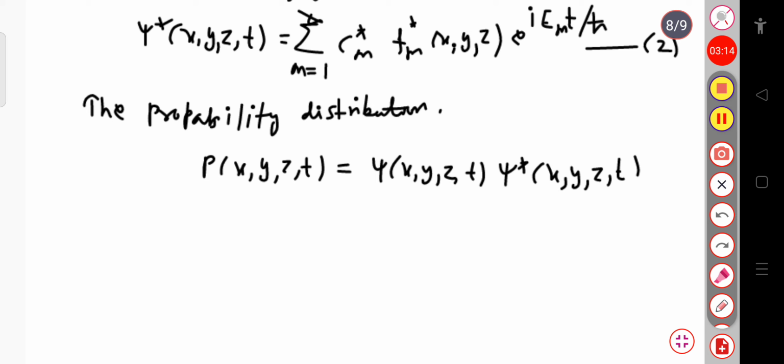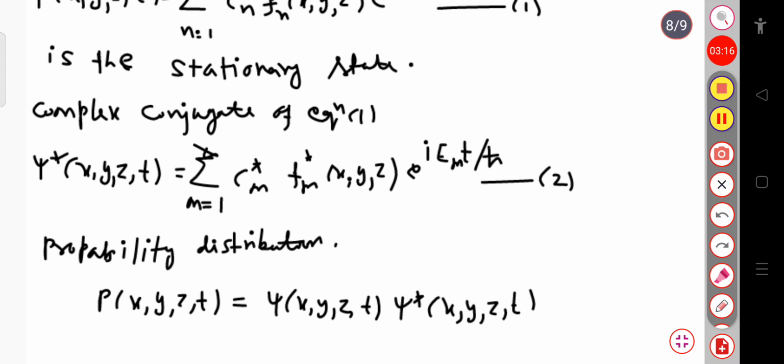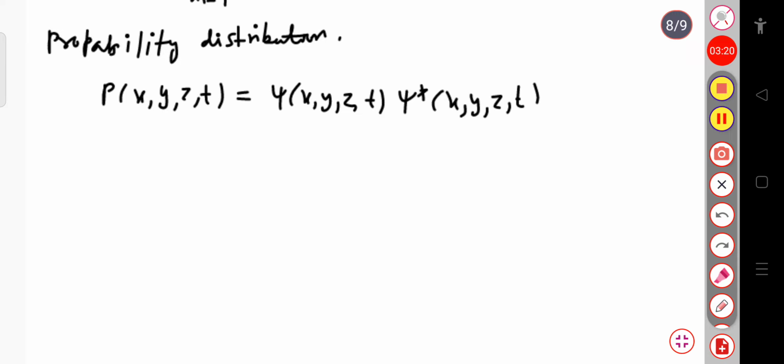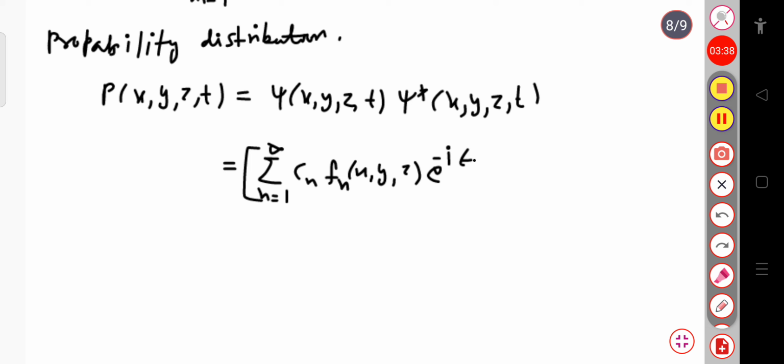Okay. So if I substitute the values from equations 1 and 2, for psi of x, y, z, t we can write the sum over n equal to 1 to infinity of Cn Fn of x, y, z into exponential minus iota En t divided by h cut.